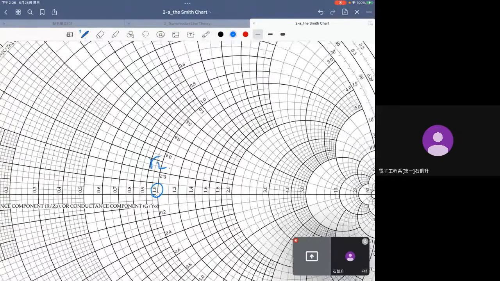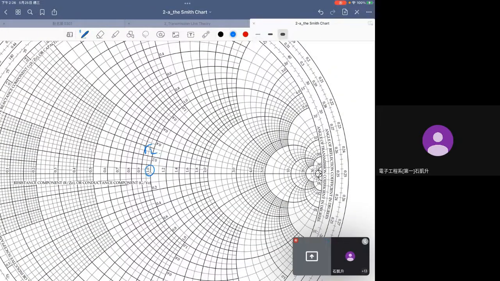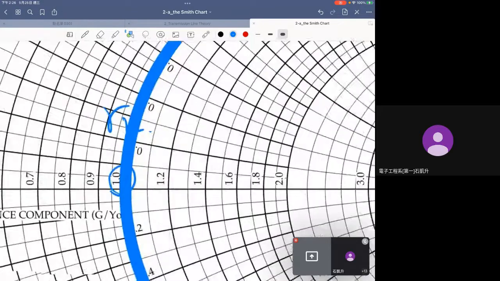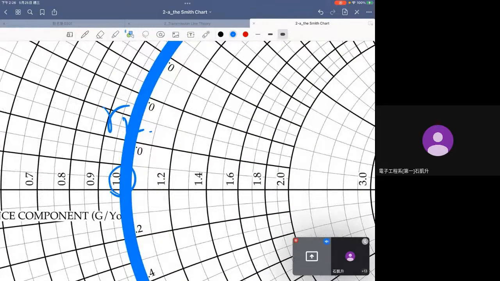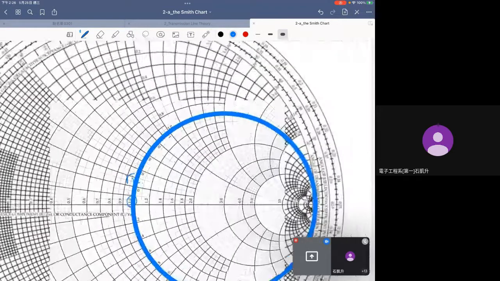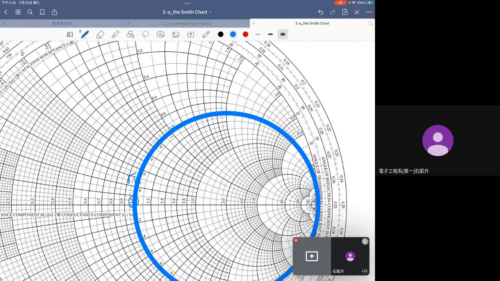So for this circle, you can read the number 1.0, which means on this blue circle, ZL over Z0 equals 1.